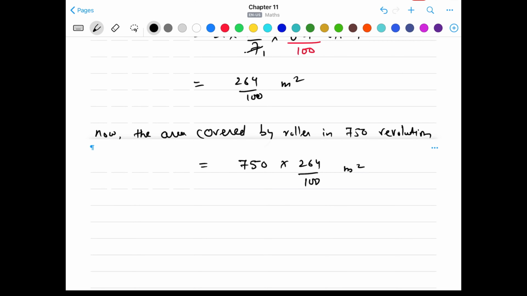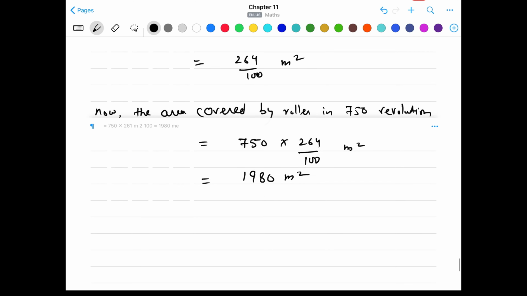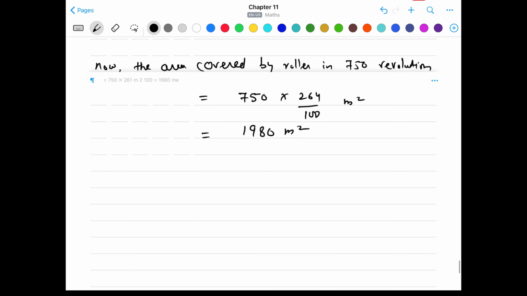Now when we solve this, you will get the answer as 1980 meter square. So that is the area covered by the roller in complete 750 revolutions. Hence this will be the area of the road.